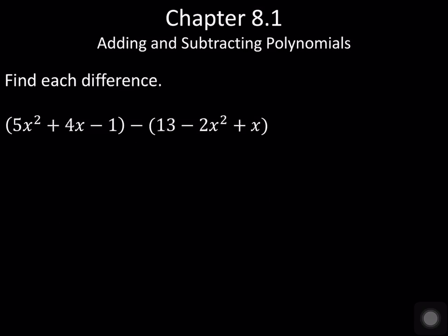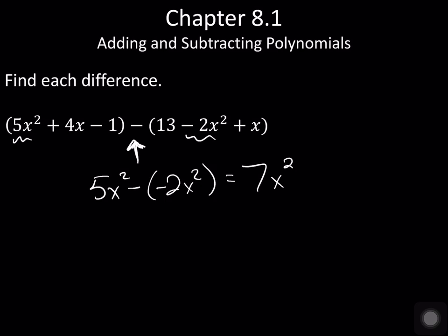Now, subtraction gets a little more interesting because we're subtracting everything. So again, what terms can be put together? The 5x squared can be put with the negative 2x squared, but remember we are subtracting, so 5x squared minus a negative 2x squared. Minus a minus is plus, so we have 7x squared.